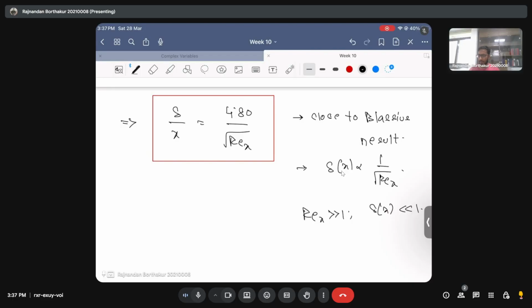Okay, maybe I'll stop here for a couple of minutes. If you have any questions, you can ask, and then we'll go ahead and calculate the displacement thickness.